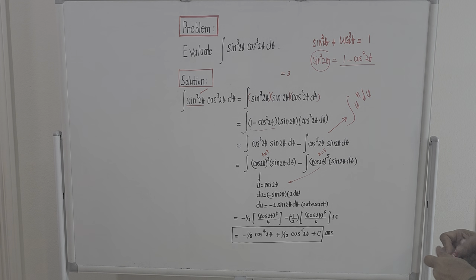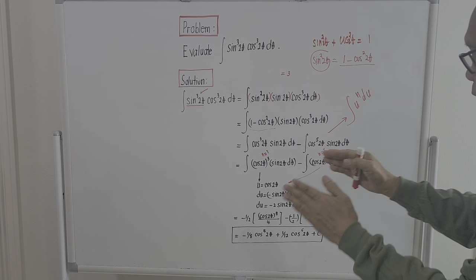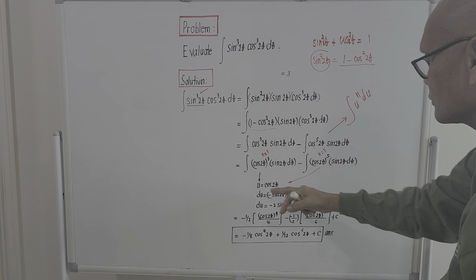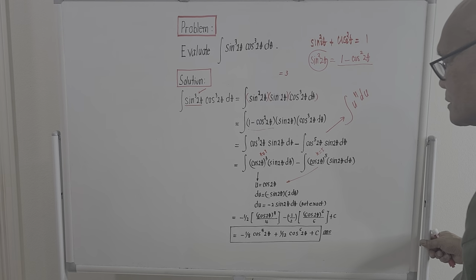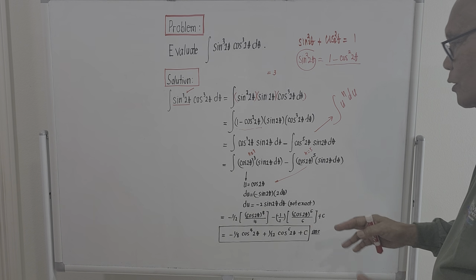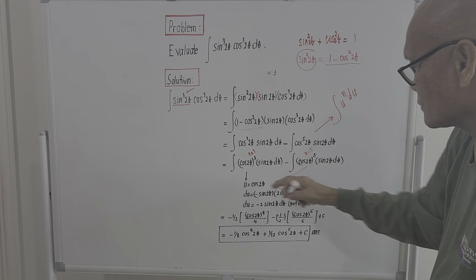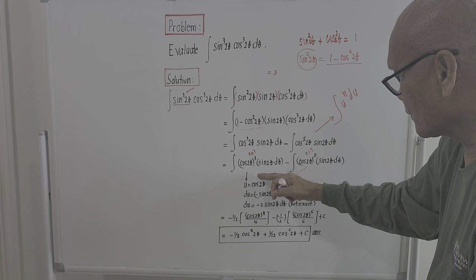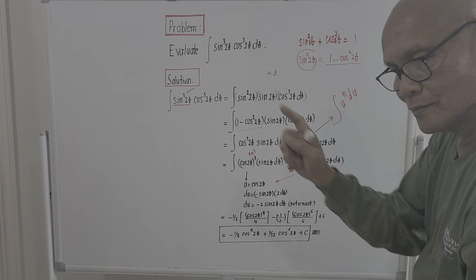Okay? So if we are to use the power formula, the value of u, the one that is enclosed by the quantity, is actually cosine of twice theta. And if we try to verify the value of du, we'll take the differential of both sides. The differential of u will be du, and the derivative of cosine is negative sine.